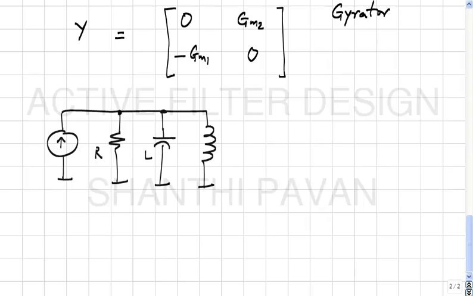R, L and C. This is I in. So what is V out of S in terms of the input current Laplace transform?